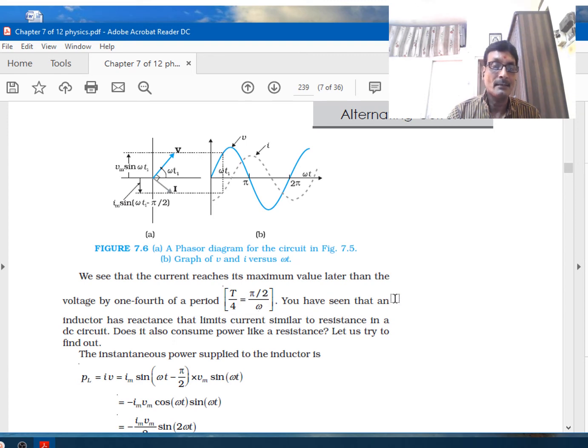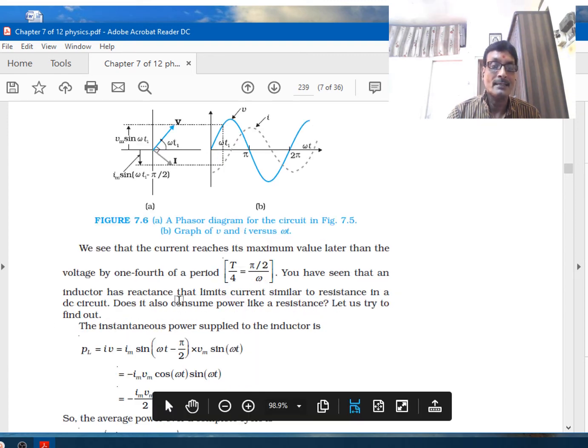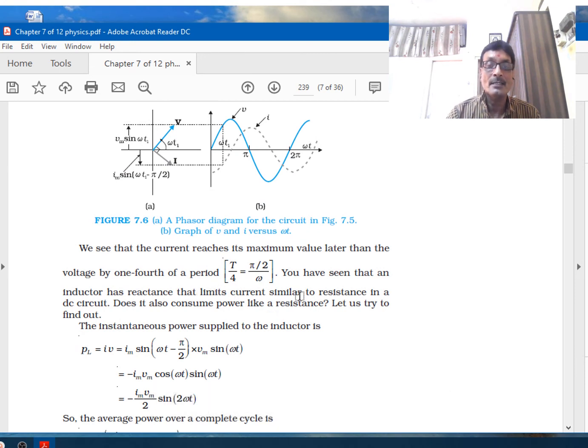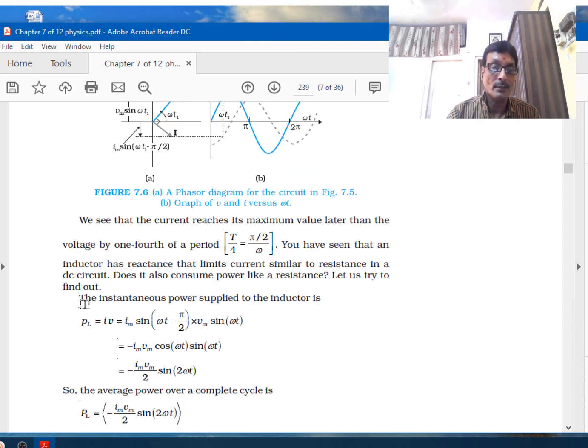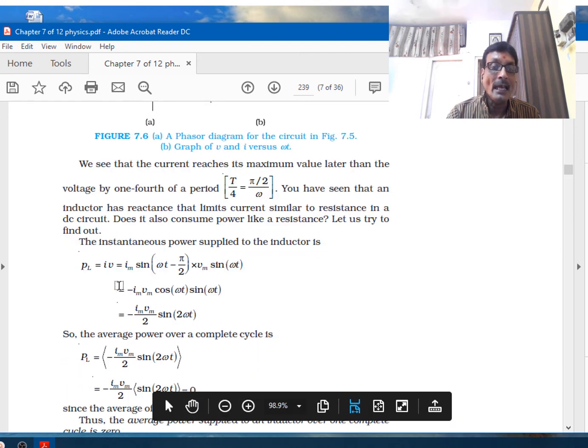And you have seen that an inductor has reactance that limits current similarly to resistance in a DC circuit, and does it also consume power like a resistance? Let us try to find out. The instantaneous power supplied to the inductor is PL, L for inductor.